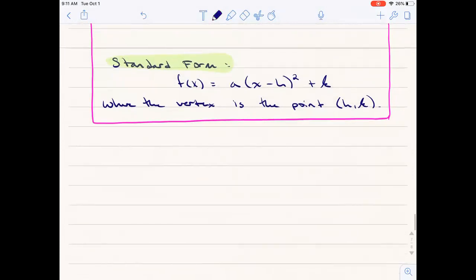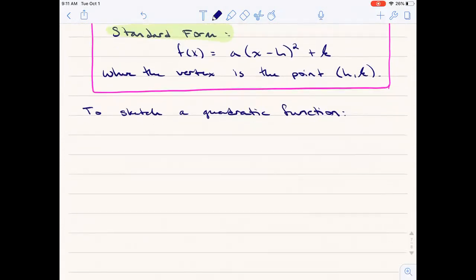Right. So to sketch a quadratic function, we still have to introduce all the rules. A, H, and K have to be real numbers, blah, blah, blah.